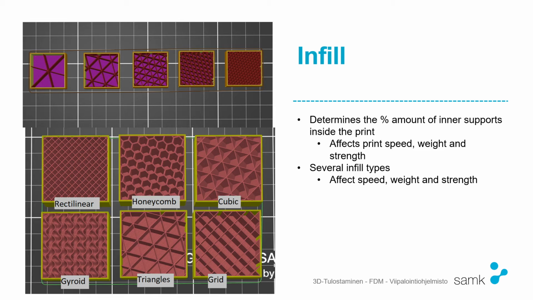And then there's the gyroid and cubic, which are like 3-dimensional infills, which give more support and more strength to the part. And then there's the rectilinear and grid. And then there's the honeycomb pattern. This also affects, again, the strength of the part. The most usual ones are the triangles or the gyroid or rectilinear. Those 3 are the most common ones that programs themselves use as default values.